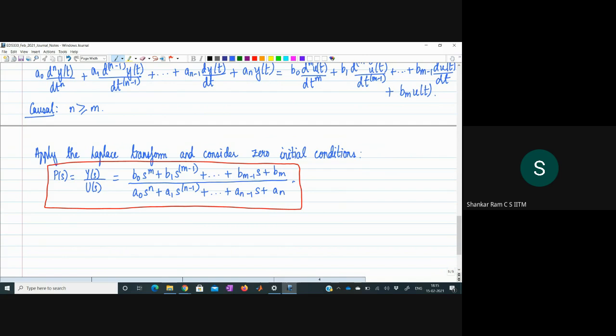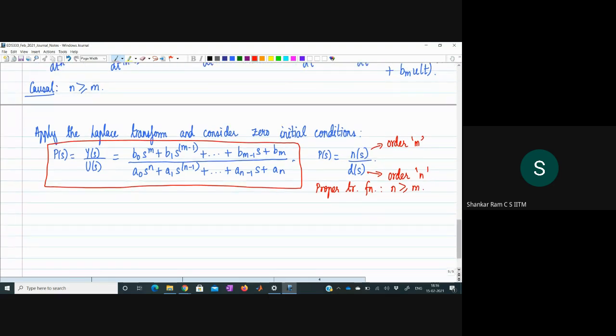This is something we are familiar with. In general, the plant transfer function is a ratio of two polynomials, the numerator polynomial and the denominator polynomial. The numerator polynomial is of order m. The denominator polynomial is of order n. And we have what is called a proper transfer function corresponding to a causal system. In a proper transfer function, the order of the denominator polynomial is greater than or equal to the order of the numerator polynomial, right?